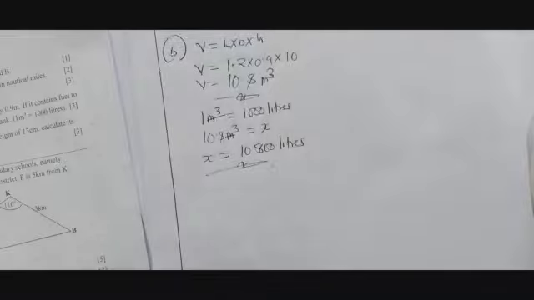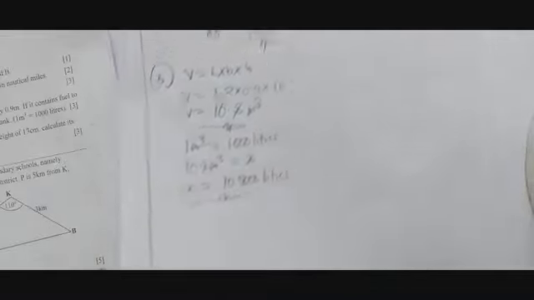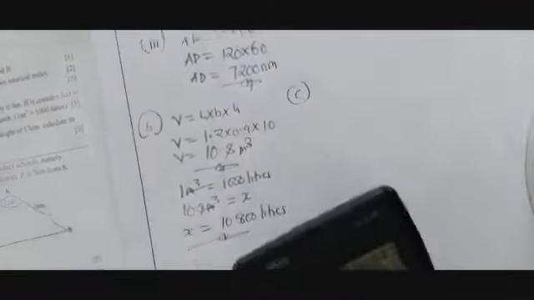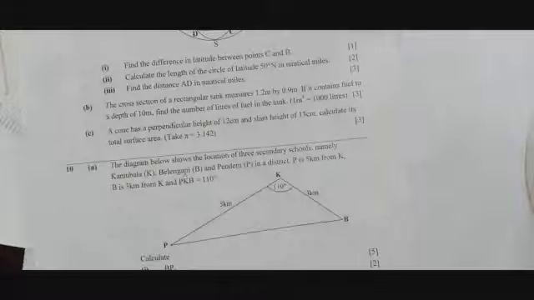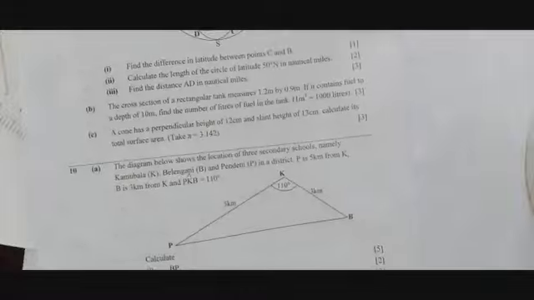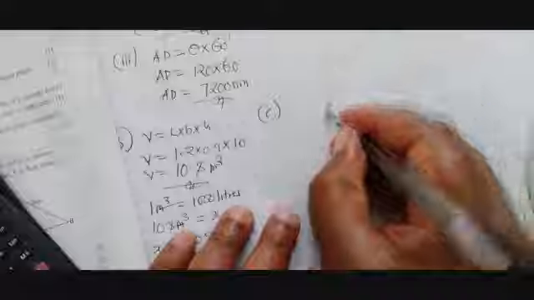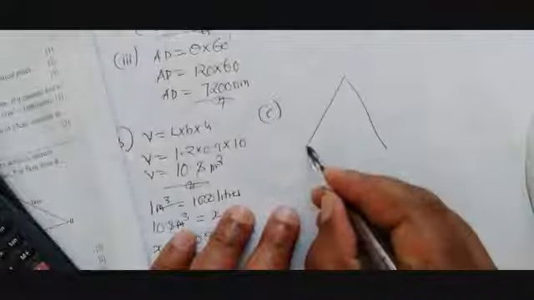Okay. Then we go to C. A cone has a perpendicular height of 12 centimeters and a slant height of 13. Calculate its total surface area. So what we are saying is that you have a cone. You have a cone like that.